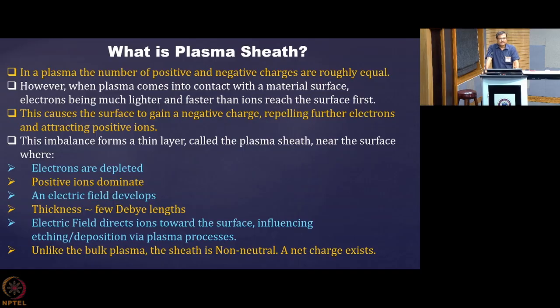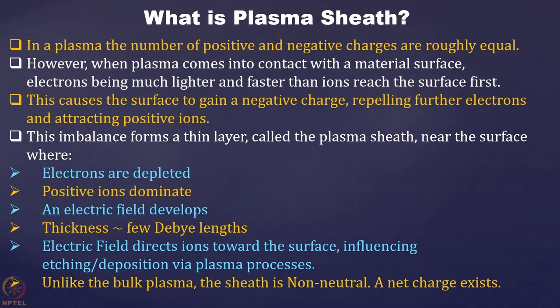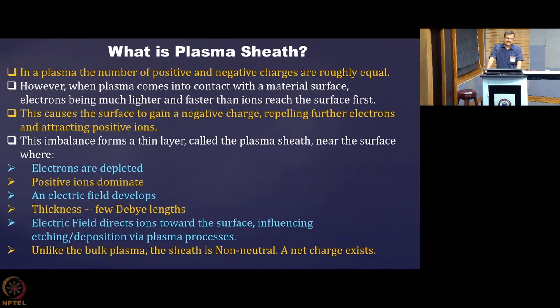So if the sheath affects the motion of the charged particles, that can influence the process that you are looking for. Unlike the bulk plasma, which is macroscopically neutral, as I already told, the sheath is non-neutral. A net charge exists in that region. So this is what a plasma sheath is, how it forms, and what its special features are.